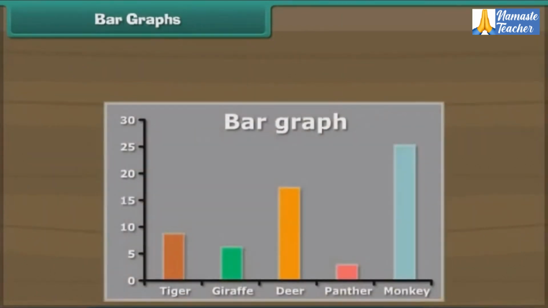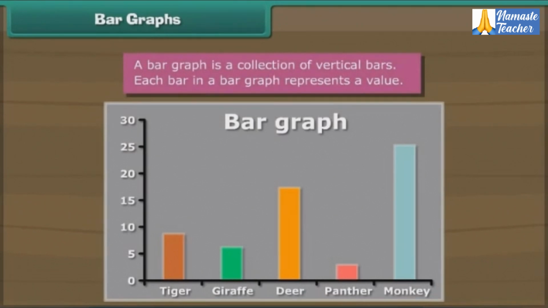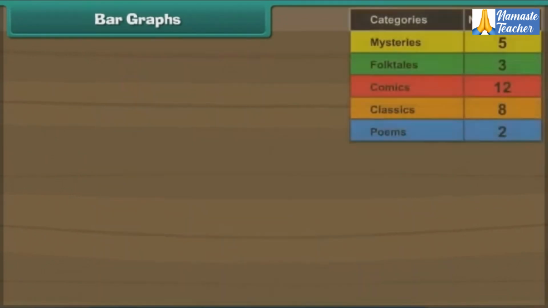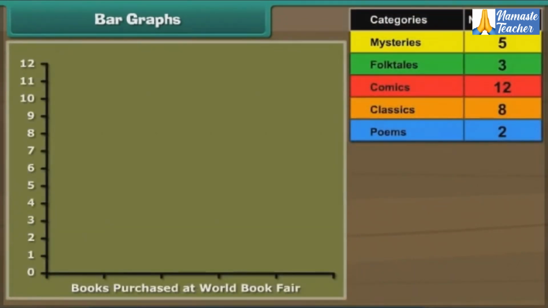Bar graphs. A bar graph is a collection of vertical bars. Each bar in a bar graph represents a value. Let us now organize Ravi's data in the form of bar graphs. We first draw a bar 5 centimeters tall to represent mysteries.